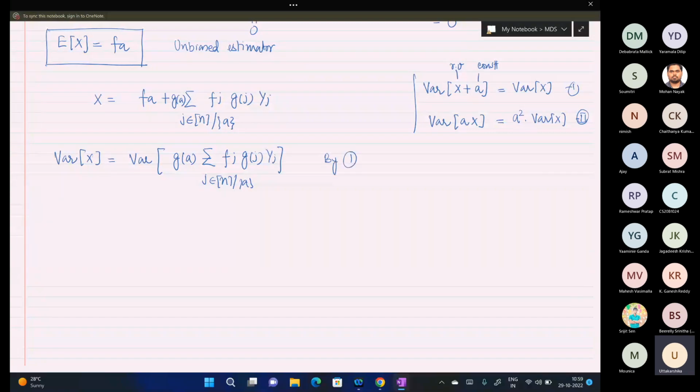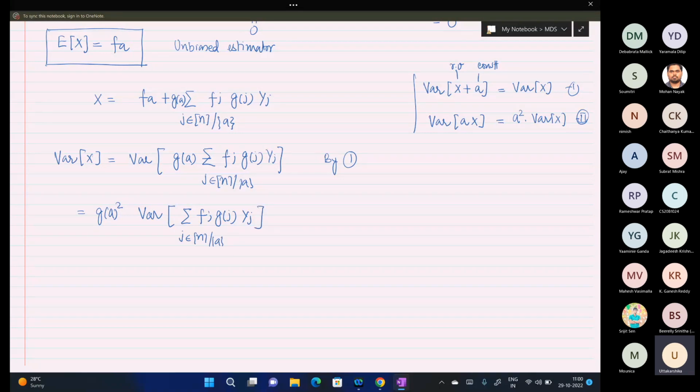Now we'll apply the second one. So it will be GA square outside into the variance of sigma Fj Gj Yj. And this value GA square is 1, right? Because GA takes value +1 or -1. So we are left with this.